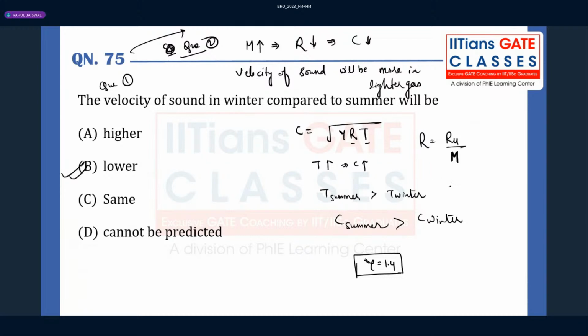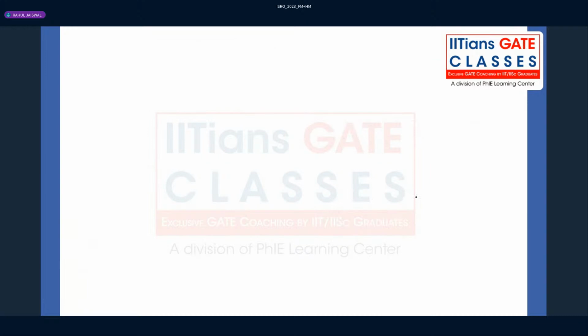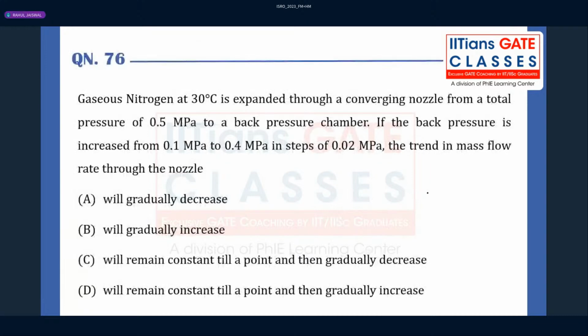This is the question regarding the 75th. Now note down the next question. Now coming back to this 76th question, here you try understanding the particular question.